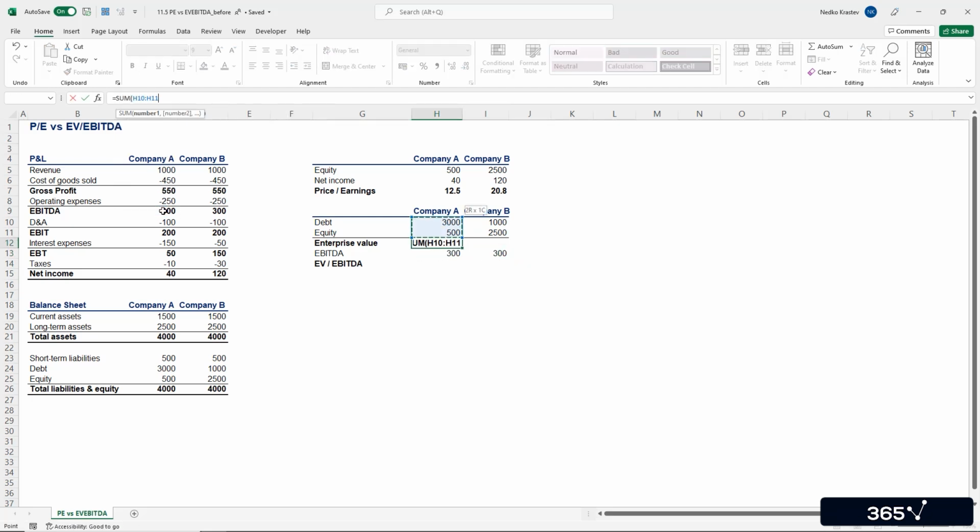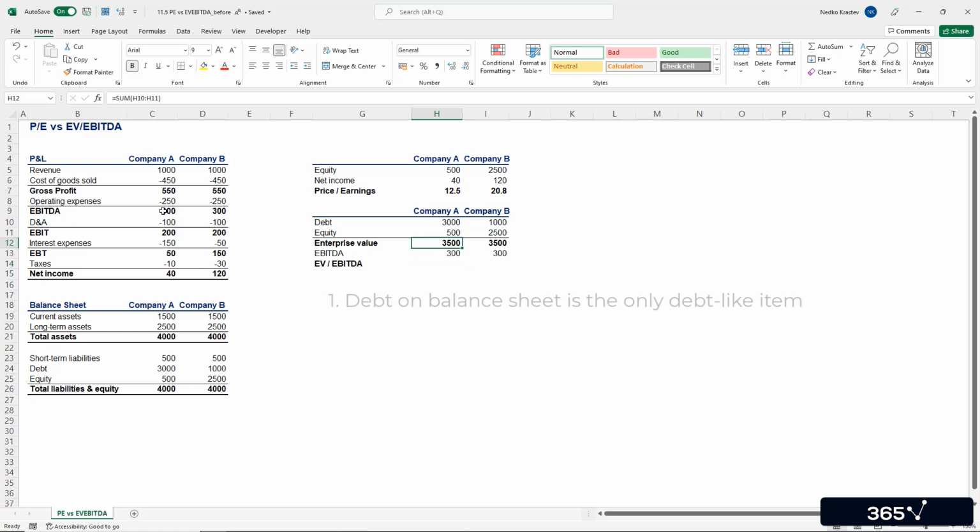Enterprise value is equal to a firm's market value of equity plus the market value of debt plus debt-like items, like unfunded pension liabilities and others, minus cash and minus non-operating assets, the assets that did not contribute to the formation of EBITDA. In our example, we'll make a series of assumptions that make EV's calculation much easier. First, the only debt the companies have is the one listed as debt in the balance sheet.